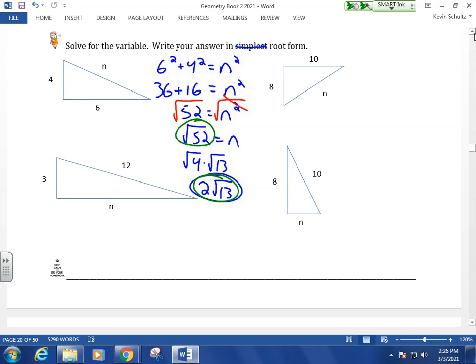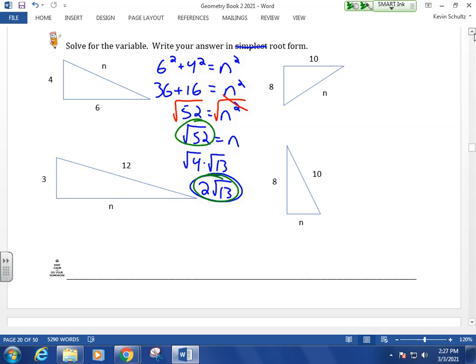Any that you did and you are having trouble simplifying the root maybe, or setting up the equation, or solving the equation? Any others you want to talk about? Julia? Is there a trick to find the biggest? Well, kind of.